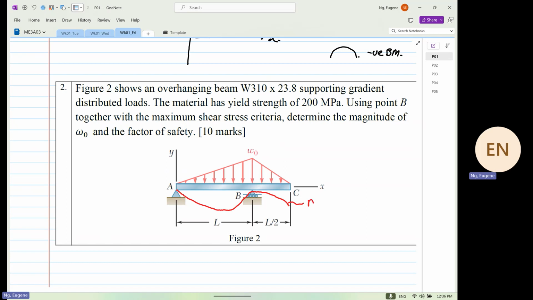This is known as our deformation pattern, or our deflection pattern, whatever you want to call it.